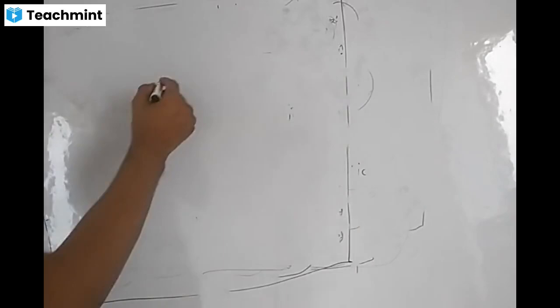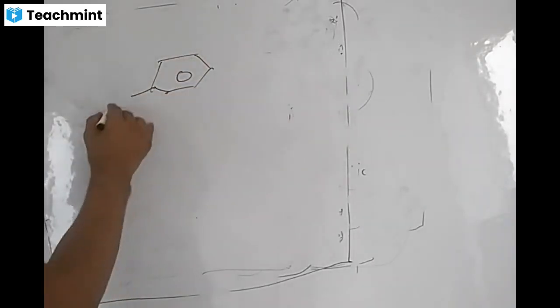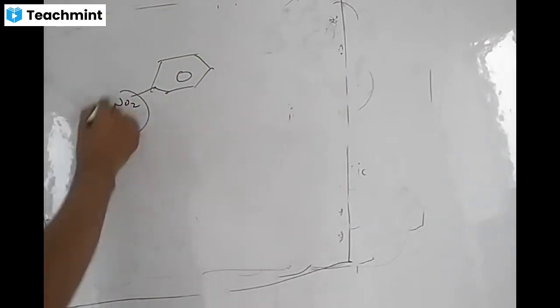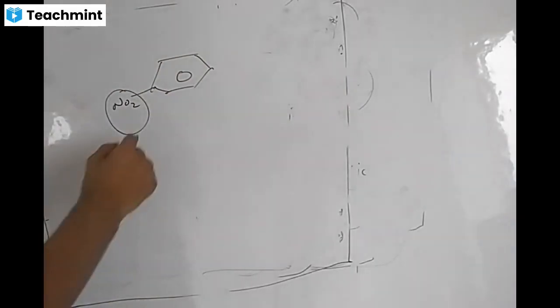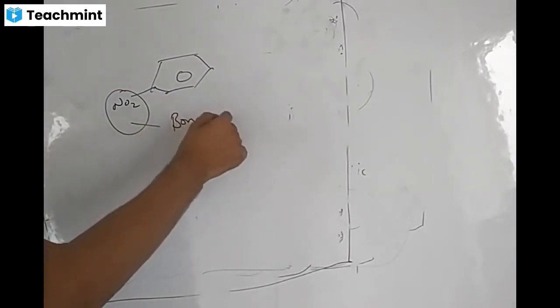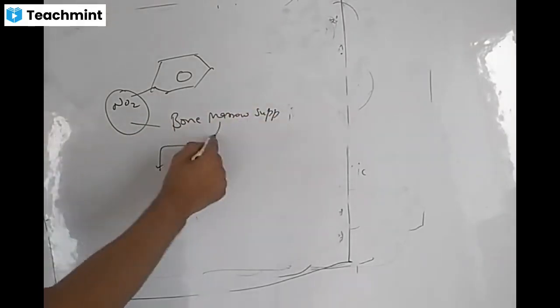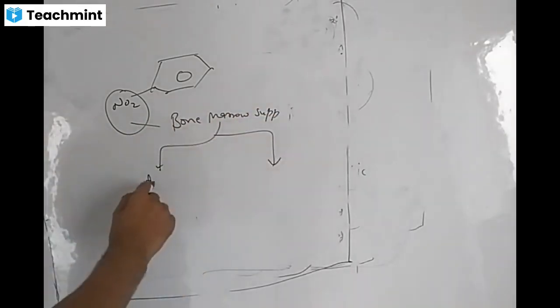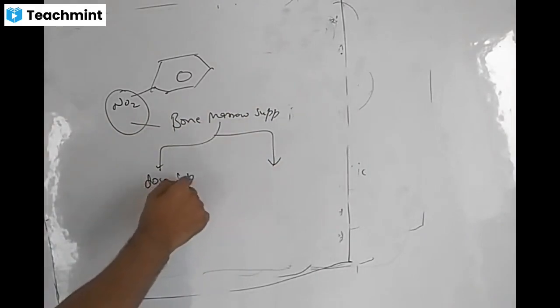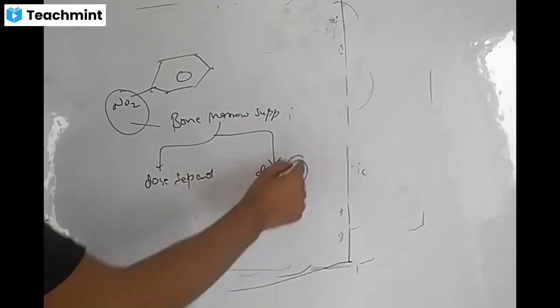With chloramphenicol, if this is the structure of chloramphenicol, the para group contains NO2, nitro. This is responsible for your bone marrow suppression. That may be of two types. One is dose dependent, one is dose independent.